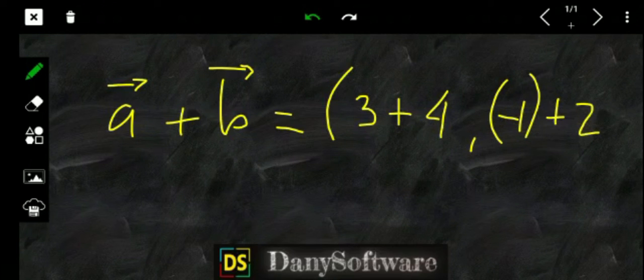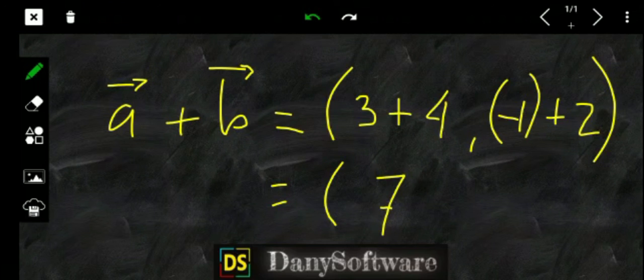So vector A plus vector B is equal to 3 plus 4 is 7 and -1 plus 2 is 1. So the result is vector A plus vector B is equal to (7, 1).